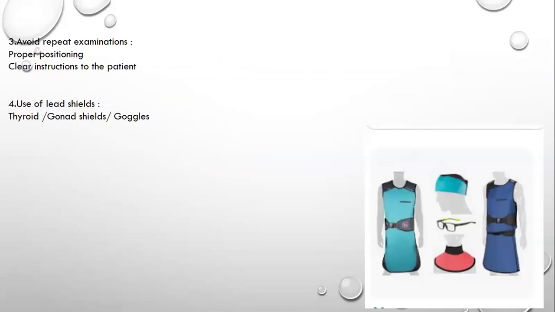There's the use of lead shields, where we are able to shield the thyroid. These are the lead shield for the thyroid. This is a whole body shield, and this is a cap and also goggles. So these help protect the area which is not being imaged from getting any scatter radiation.